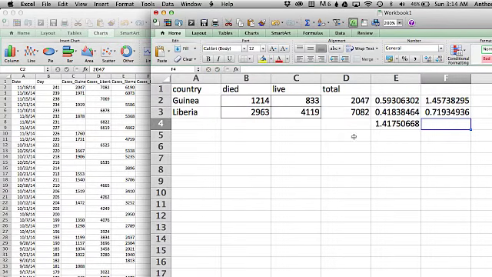And of course, the odds ratio is going to be equal to 1.457 divided by 0.719. Or, in other words, 1,214 divided by 833, divided by 2,963 divided by 4,119. This fraction divided by this fraction. And that's going to be our odds ratio.